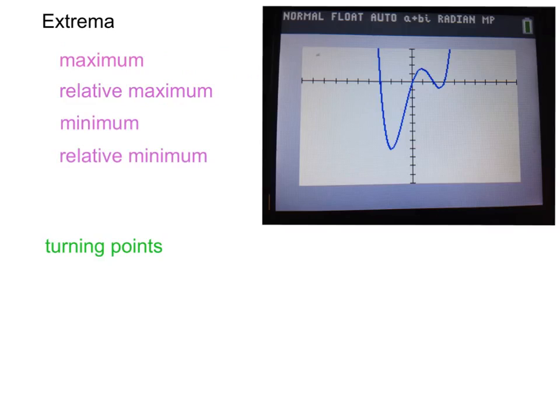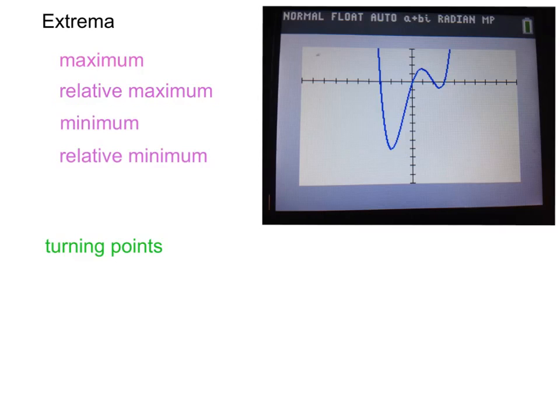Okay, the next section of reading is about extrema. What are extrema of a graph? They are just what they sound like, the extremes of the graph, the maximum, the relative maximum, the minimum, the relative minimum. What are these things? Well, words like minimum and maximum you already know and understand.